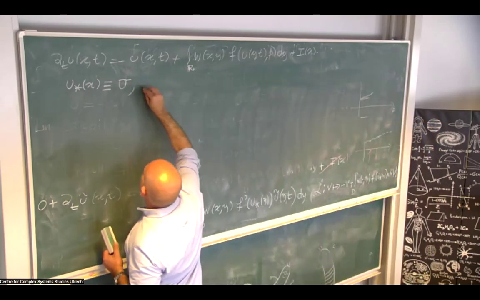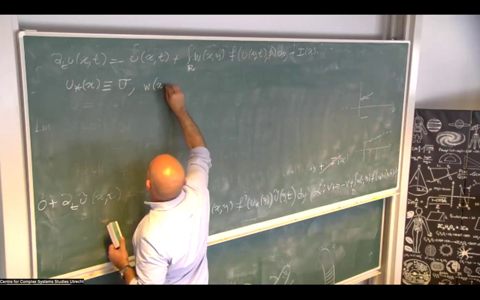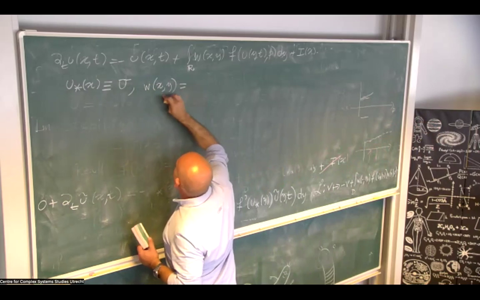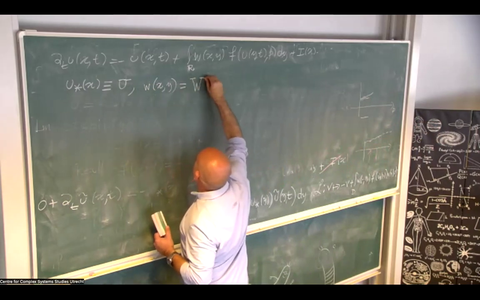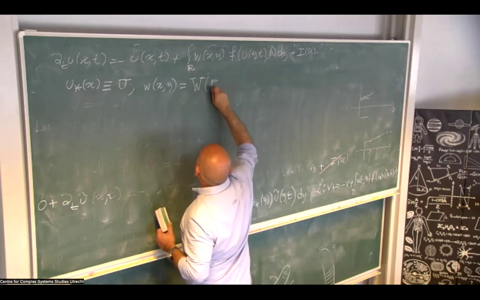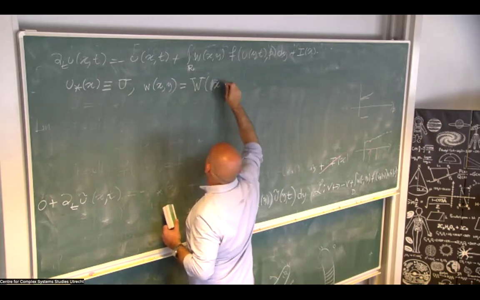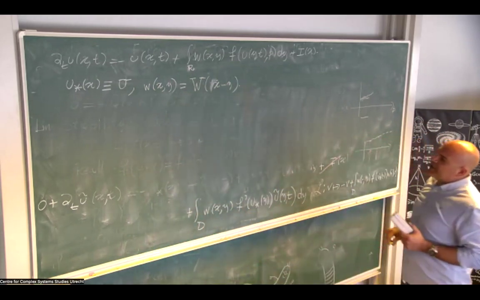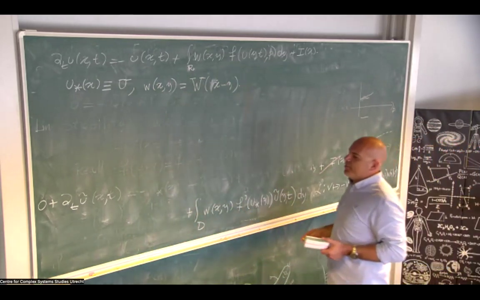And you typically take a cortex, a W, a synaptic kernel that depends only on the distance between x and y. It's not really the distance, it depends on the coordinates x minus y.